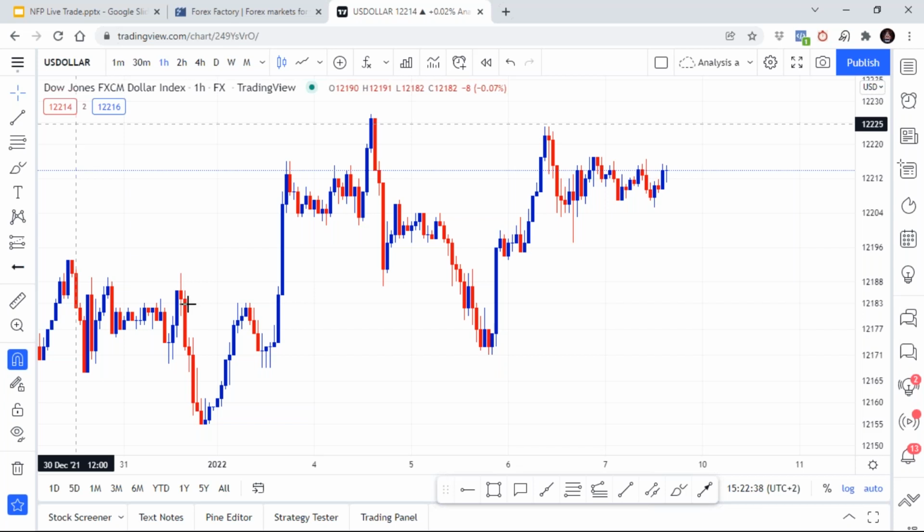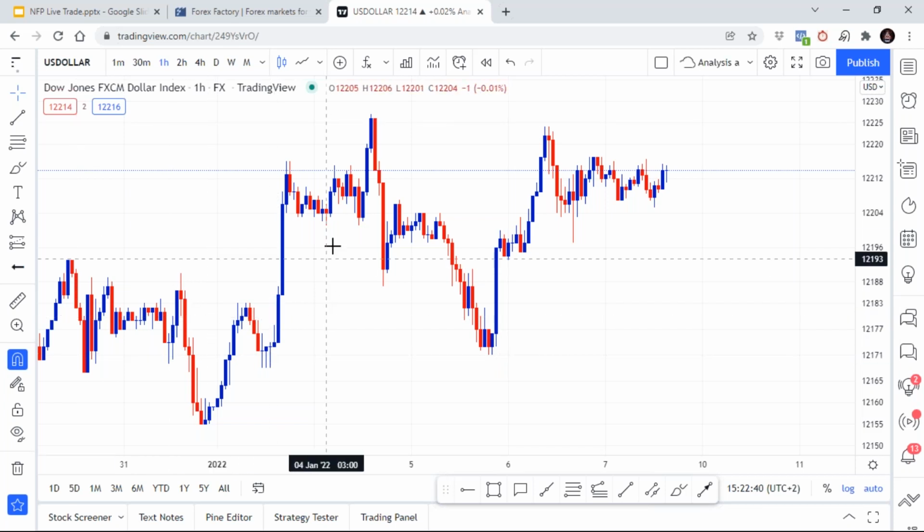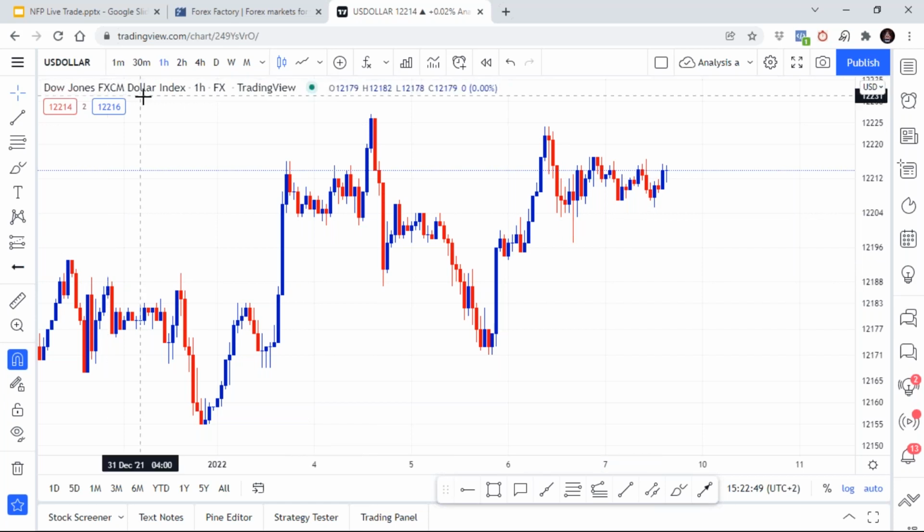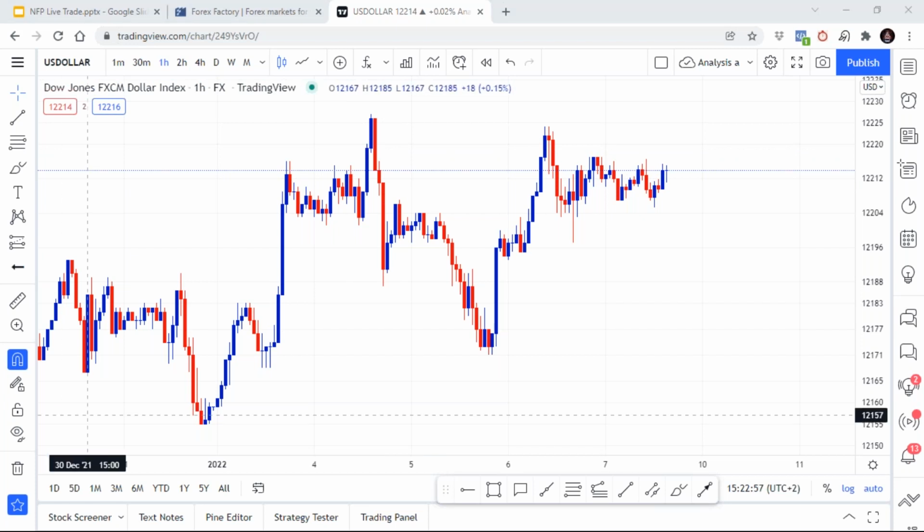It's just one of their compliance regulations, I think. But it's a terrific instrument to keep an eye on. So just in case, this is the FXCM dollar index here, but I'm looking at it through Trading View.